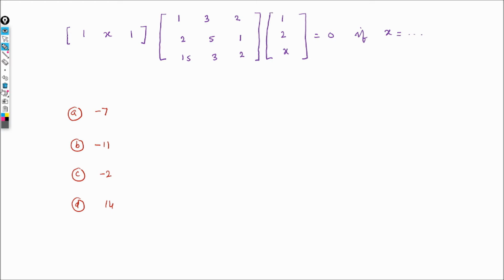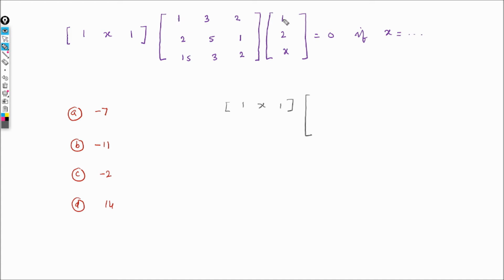So let us understand this question here. The multiplication of these three matrices is equal to 0. We have to find x. What we will do here, students, we will multiply these two matrices and then this matrix [1 x 1].